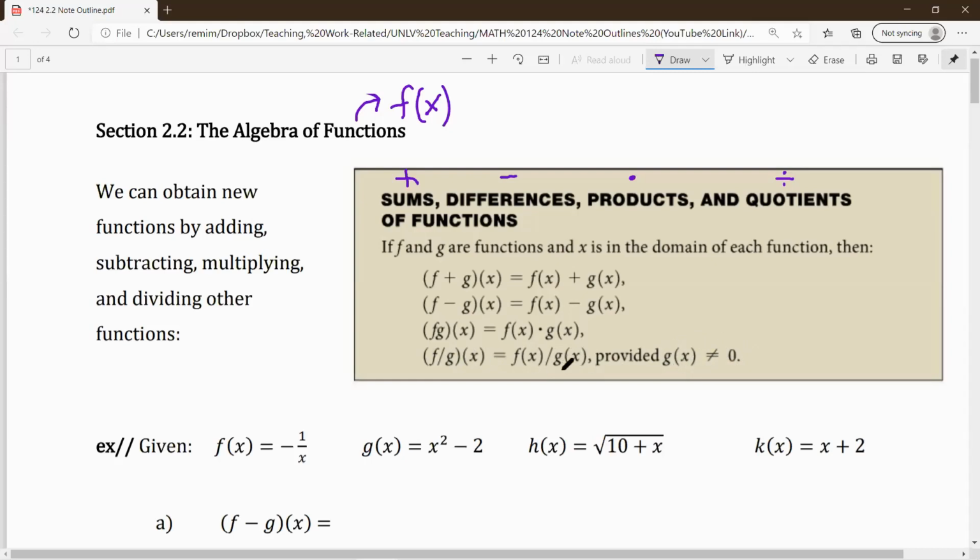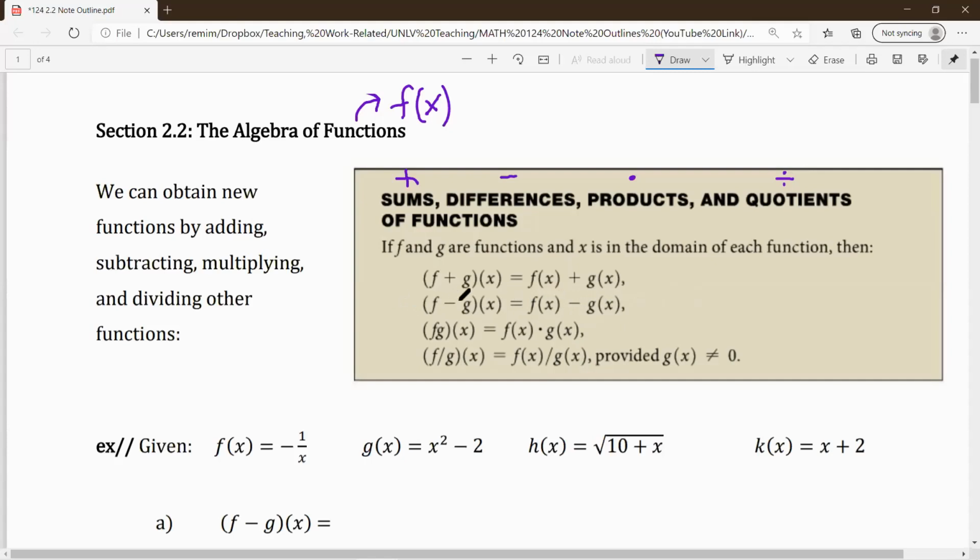And then one other thing that I want to put in this box is a helpful reminder, and if you do it, you're less likely to make a mistake on these. It has to do with this subtraction part here.